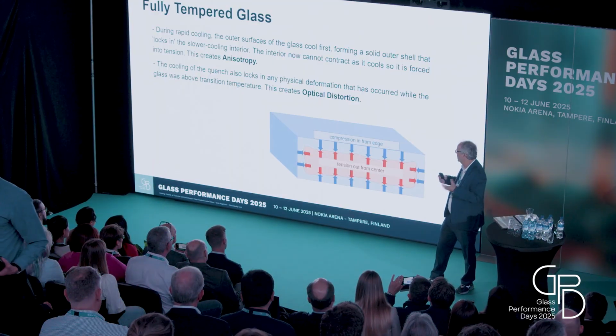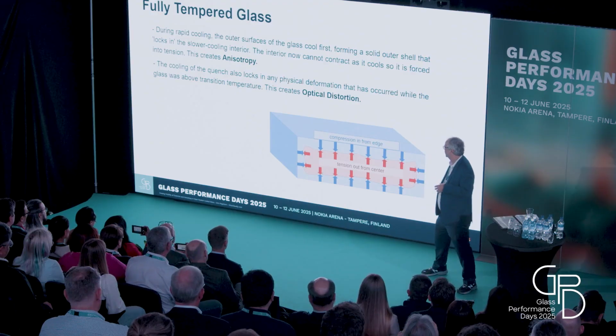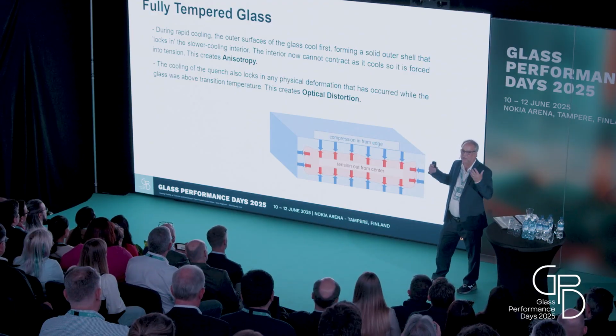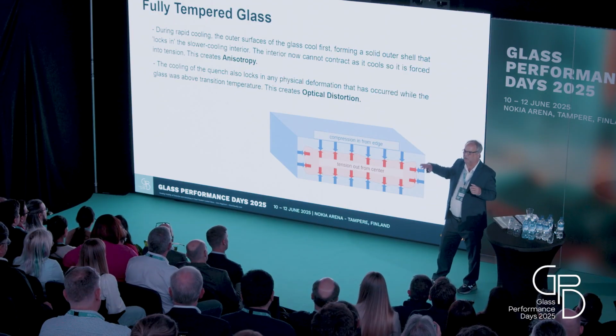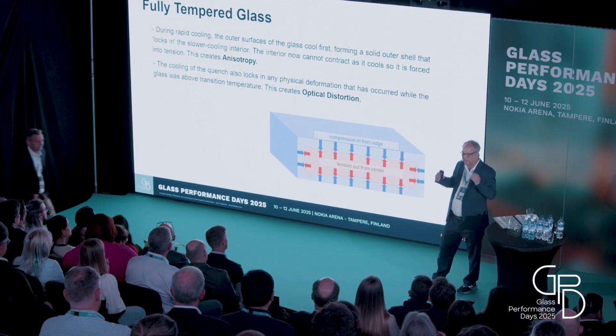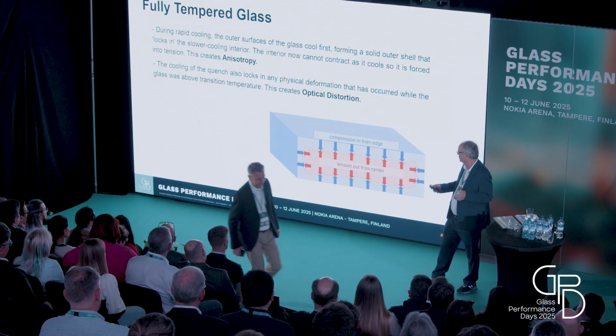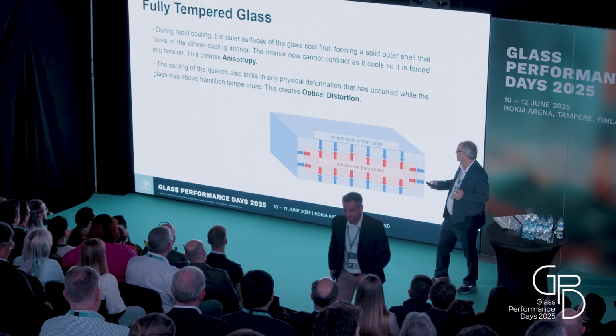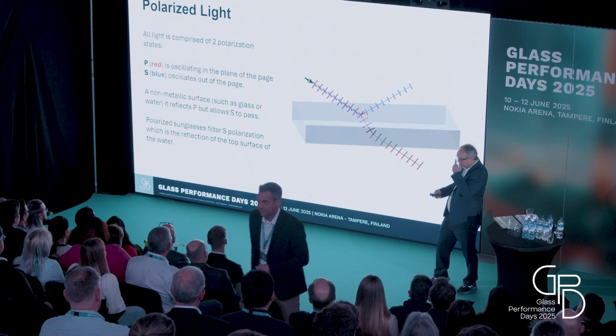So we set up tensile and compressive layers. Also during the quench, any optical distortion, any deviation from flatness, is locked into the glass. So that's going to be there until hopefully it's never installed at your customer's site.